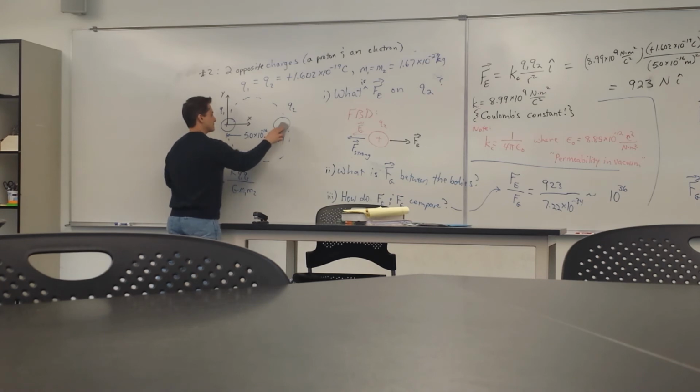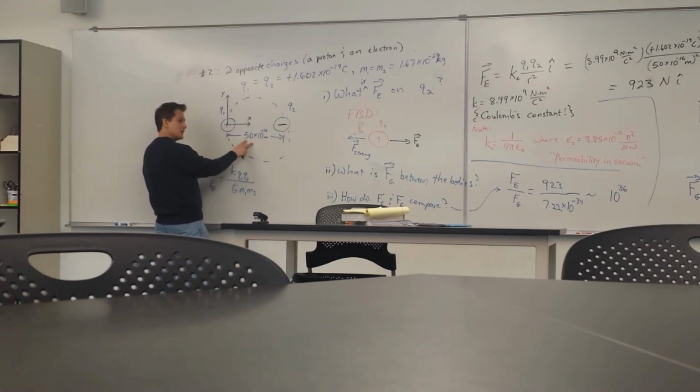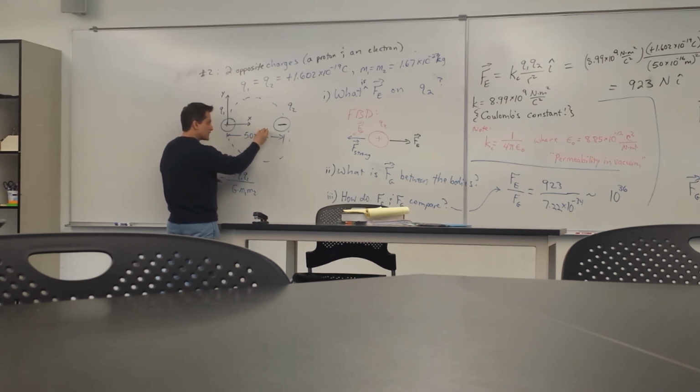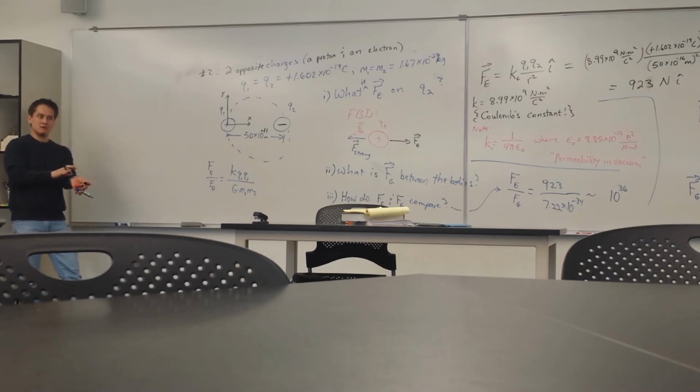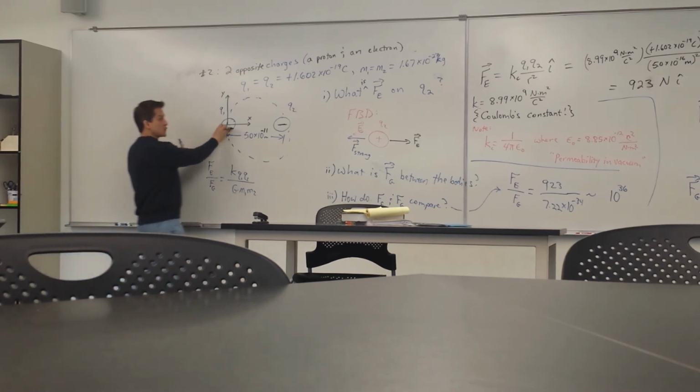Half an atomic diameter. So now we have really the nucleus, and we have the electron that is sitting outside of this nucleus.